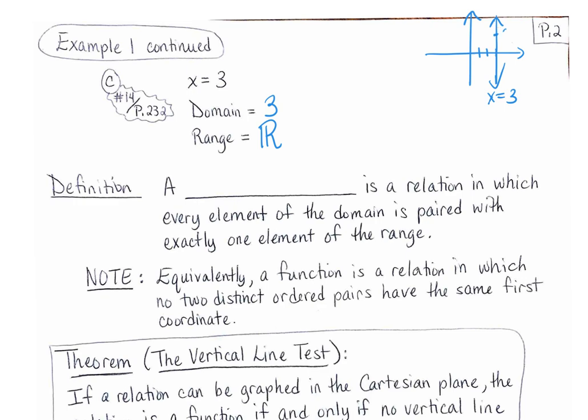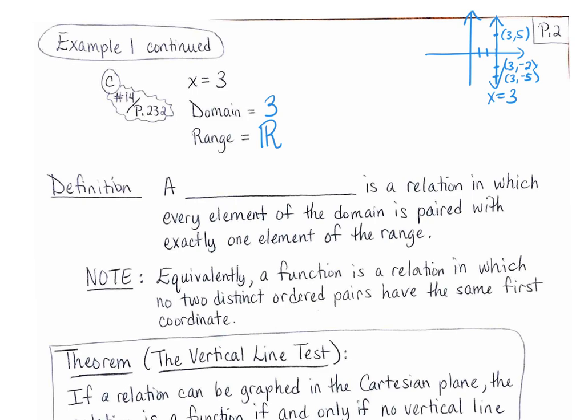This can be (3, 5). This can be (3, -2). This can be (3, -5), and so on. So your y values can be any real number, but your x values will always be 3. So we have the set of real numbers. Okay?